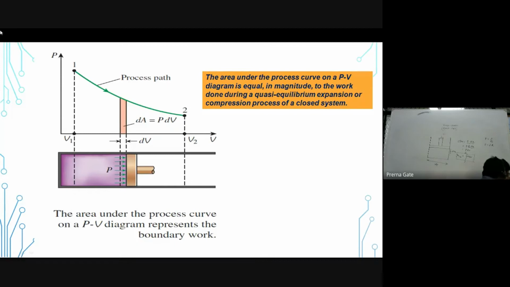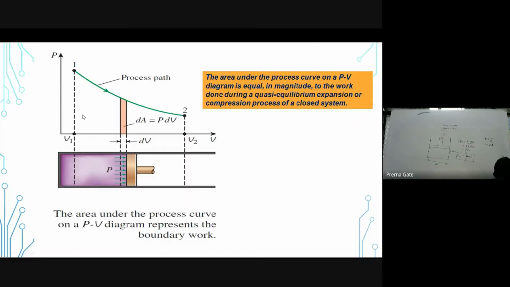Okay, so this is the initial state, having certain pressure P1, certain volume V1, and this is the final state having certain pressure P2 and volume V2. Okay, so this is the process path, and we have considered it as a quasi static process.